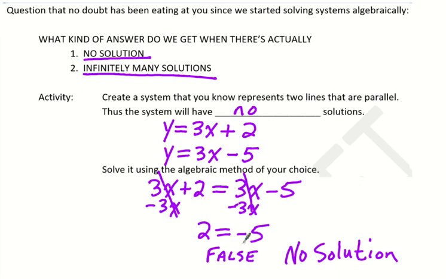You're not going to end up with x equals 7 or x equals -1. You're going to end up with something completely false, and then you can stop right there and conclude that there is no solution.